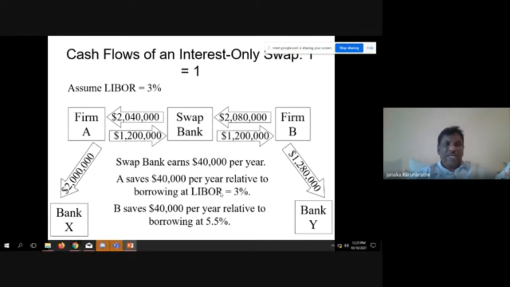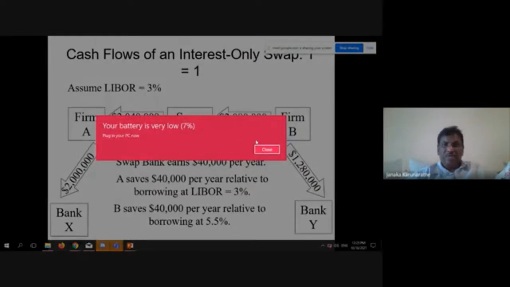Relative to borrowing at LIBOR at 3%, it saves 40,000. Right.